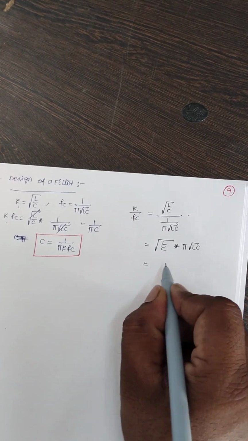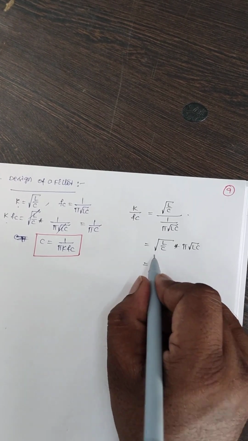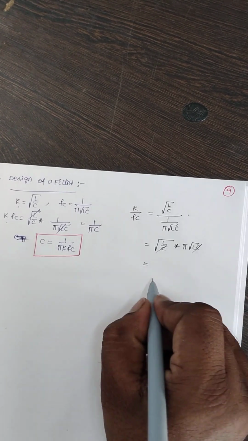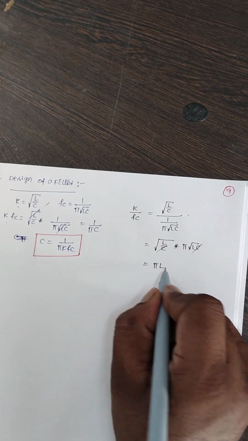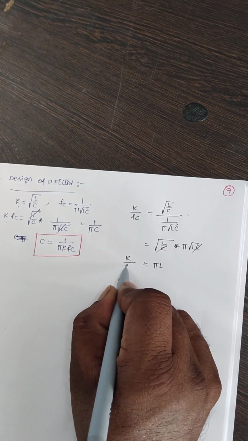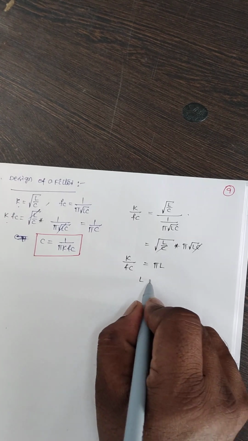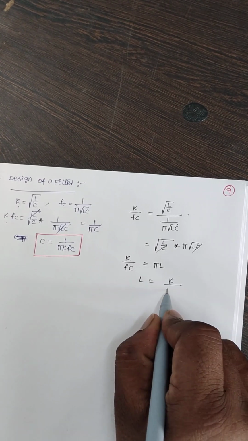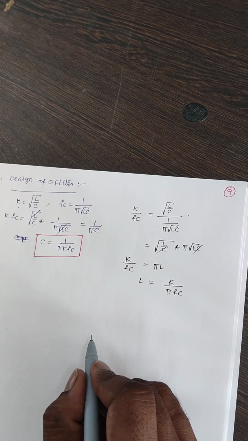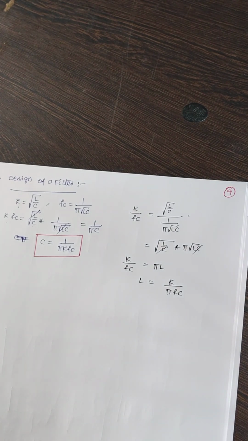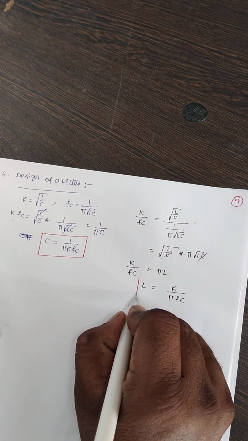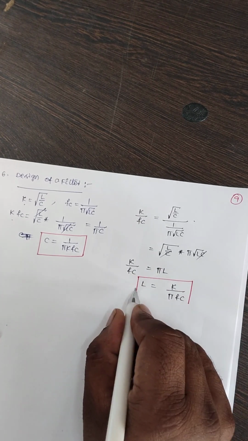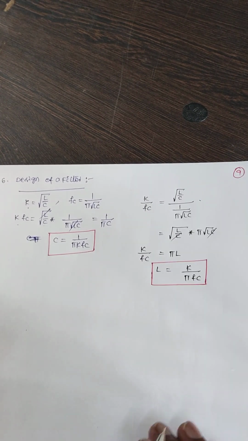The square root C and square root C will get cancelled, so we get pi into L. So k divided by fc is pi L. Now L is equal to k divided by pi into fc. So this is the value of L that I need to place in T and pi networks.